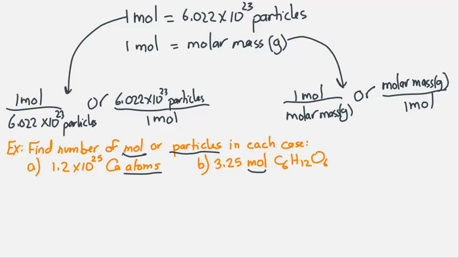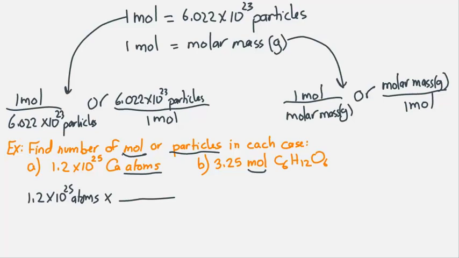Now, what do I do and which conversion factor do I use? I simply start with the given 1.2 times 10 to the 25 atoms, which is particles, times. Let's look at the first conversion factor and the second conversion factor. Which one of these, if I put here, can cancel the old unit, which is atoms, and give the new unit, which is mole?